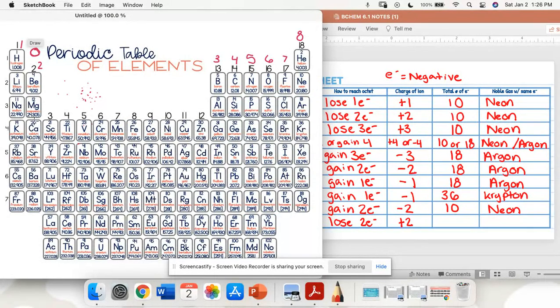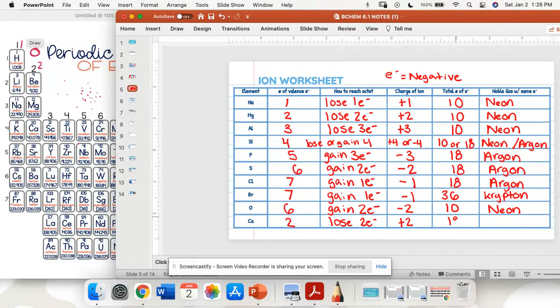So calcium's right here, and it normally has 20. And if it's going to lose 2, it's going to go to 19 and then to 18. So 20 minus 2 would bring it to 18 total electrons, which is like argon. All right, and that's how we figure out what noble gas these are becoming like.